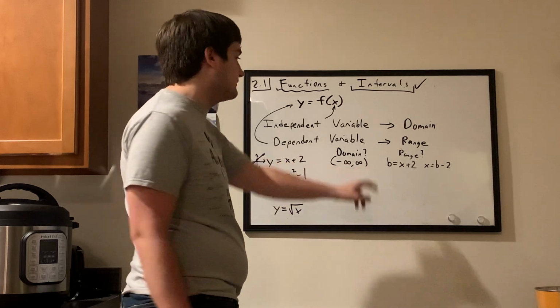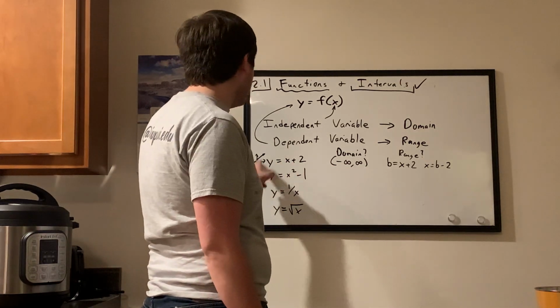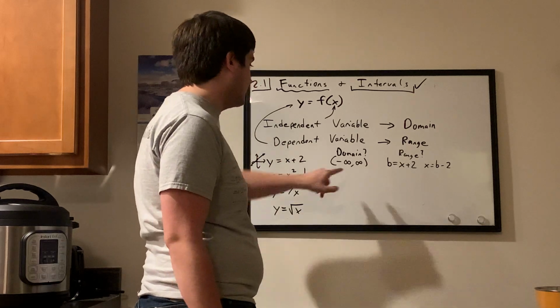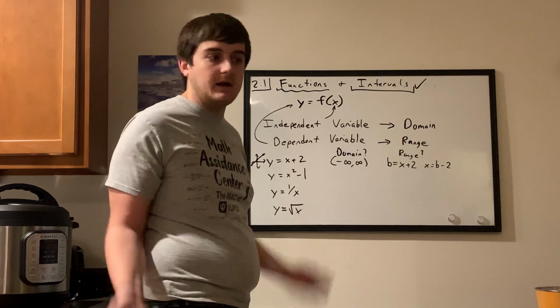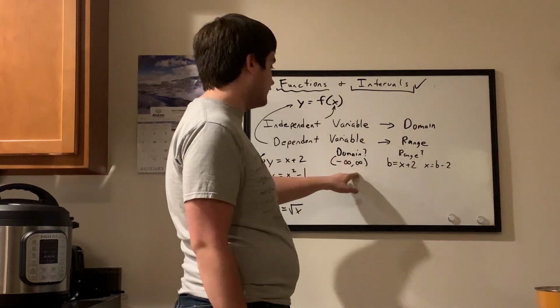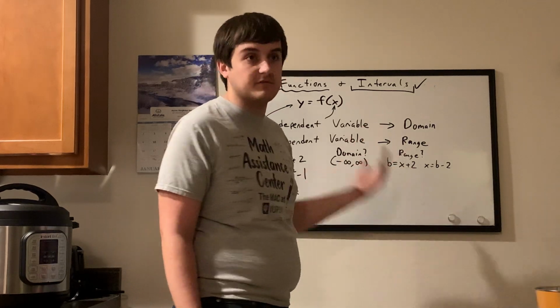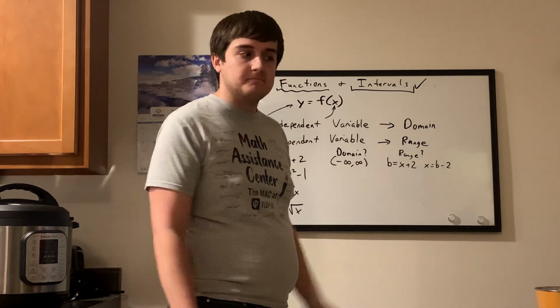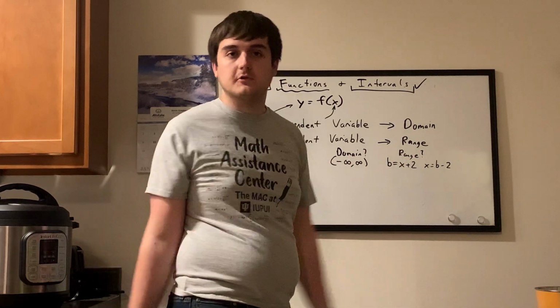Now, x goes from minus infinity to infinity, and we can even see from this picture that I can get all sorts of these values. All I have to do is add 2 to any number within this domain, and I get a specific y value. So again, I'm going to get every single real number.